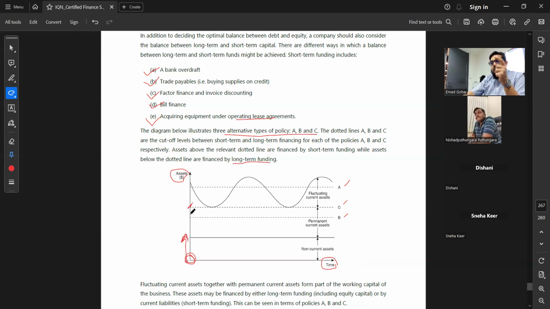So that's what they are saying below the dotted line. Permanent. See, first non-current assets, then permanent current assets, then fluctuating current assets. Right? Getting the story. So when you go above, you need short-term funding because this is fluctuating. See this line, this line.